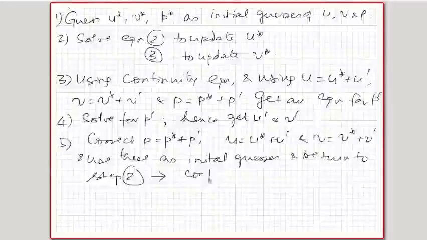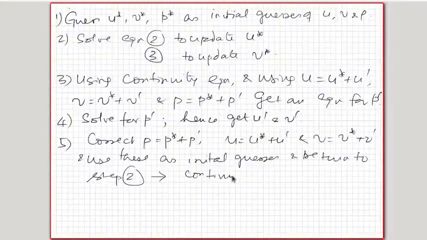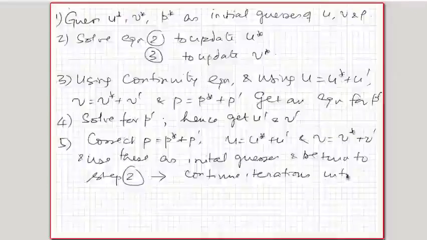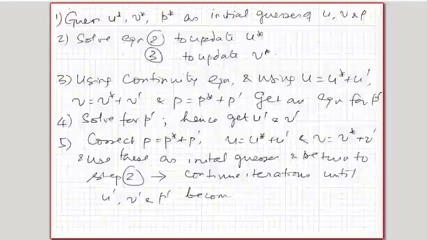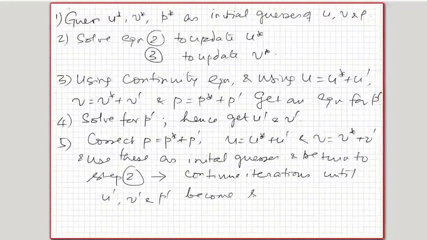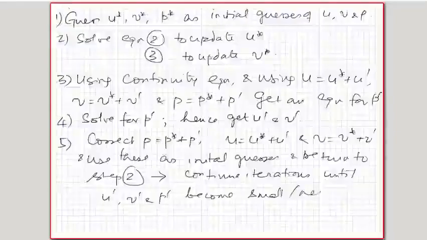Continue iterations until u prime, v prime and p prime become small or negligible.